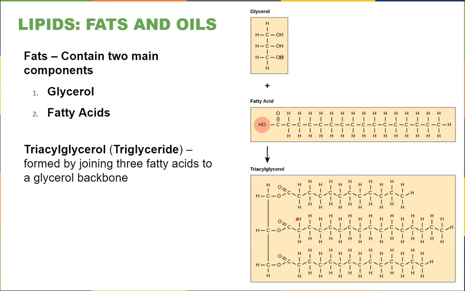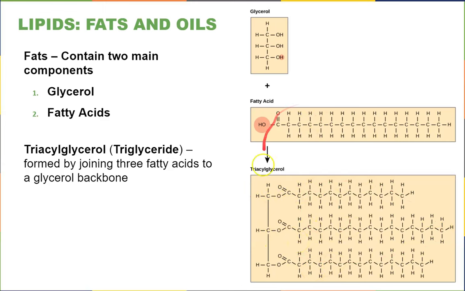Fats contain 2 components. This is a fat molecule here. Remember, fats and oils. Not all lipids are fats, right? This is just a fat, which is one classification of a lipid.